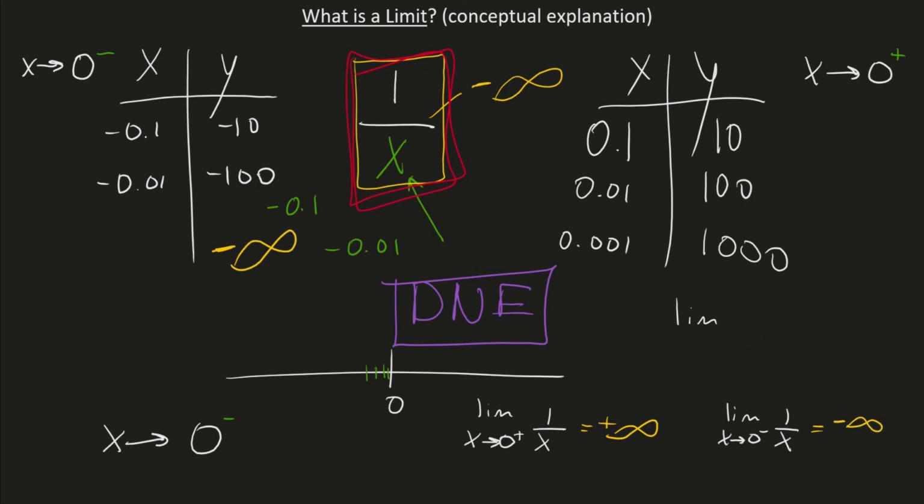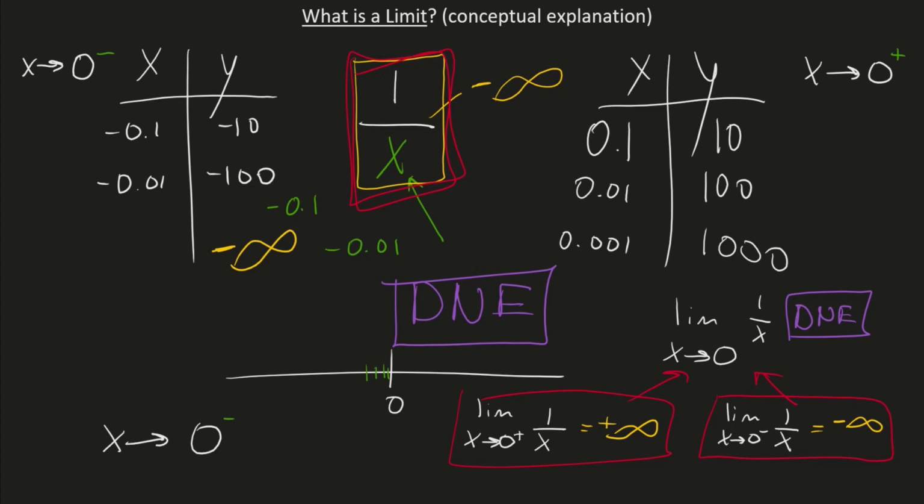So, if we try to approach 0 from both sides, that's what this means. Notice that there's no sign here. When there's no sign here, that means both sides. When we try to approach from both sides, and we try to see if our two left-right experiments agree with each other, and they don't, that means that this limit does not exist. There is really no solid answer.